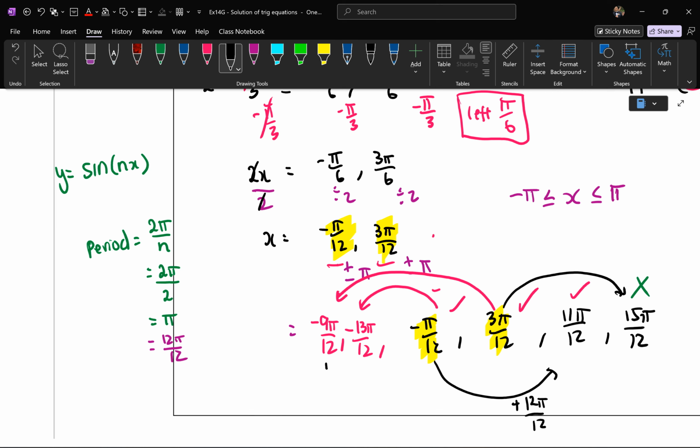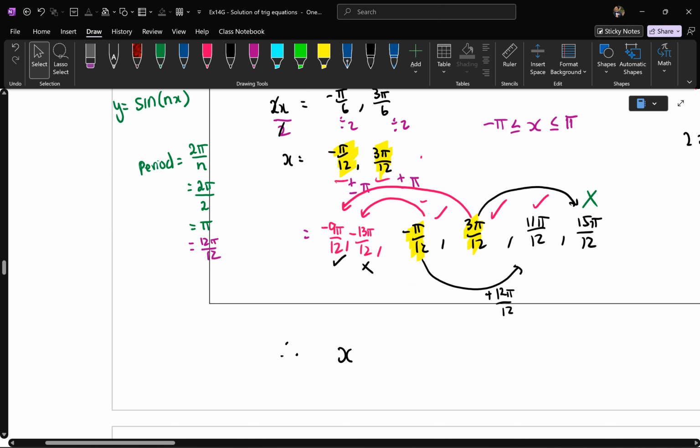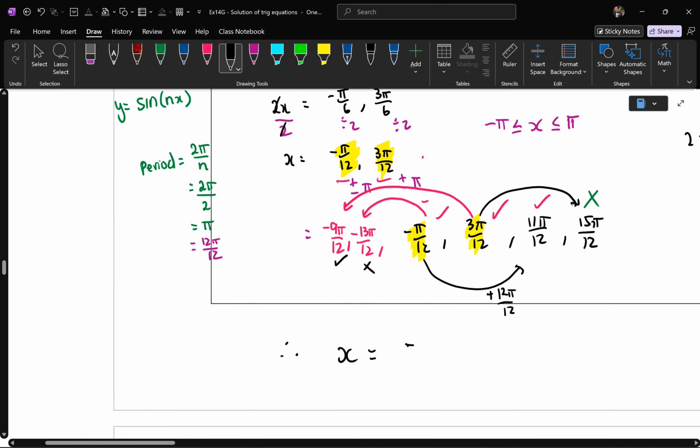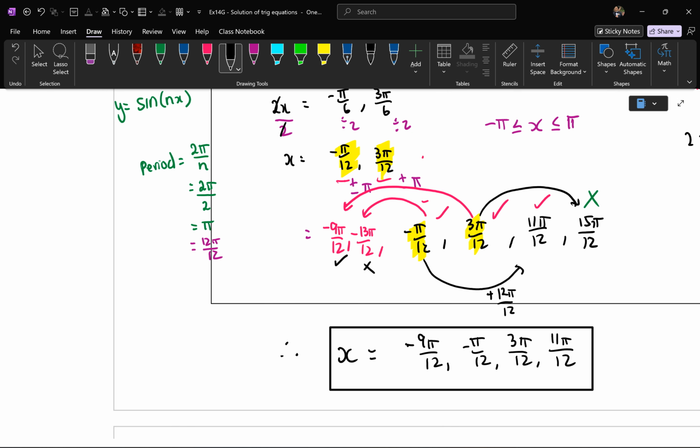Very good. This one's out. Okay? So your final answer: you got negative 9 pi on 12, negative pi on 12, 3 pi on 12, 11 pi on 12. This is the hardest problem you're going to get.